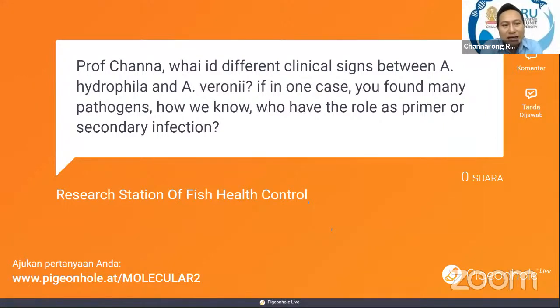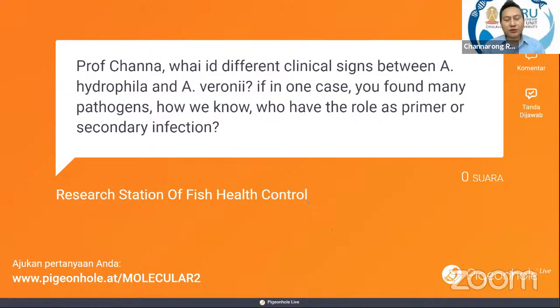I will say that in the case of Aeromonas hydrophila and Aeromonas veronii, you have to use molecular methods such as 16S rRNA, rpoD gene, or another gene that has the discrimination power to discriminate between Aeromonas hydrophila and Aeromonas veronii.